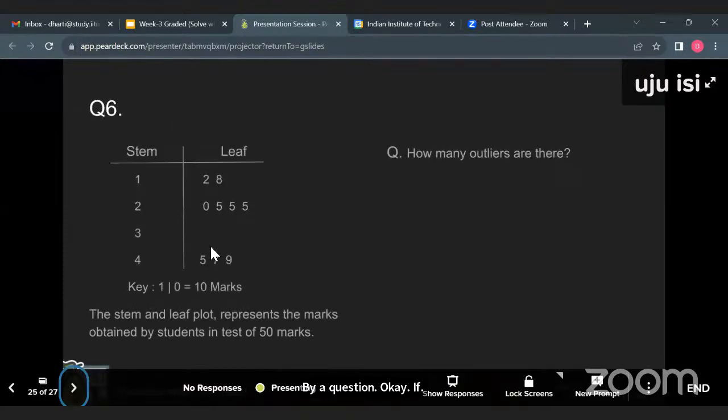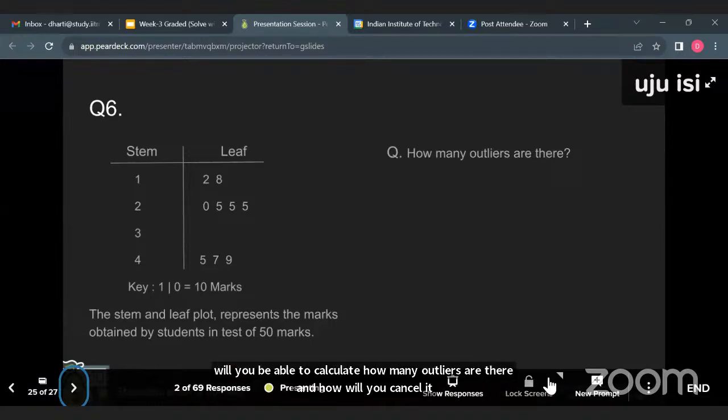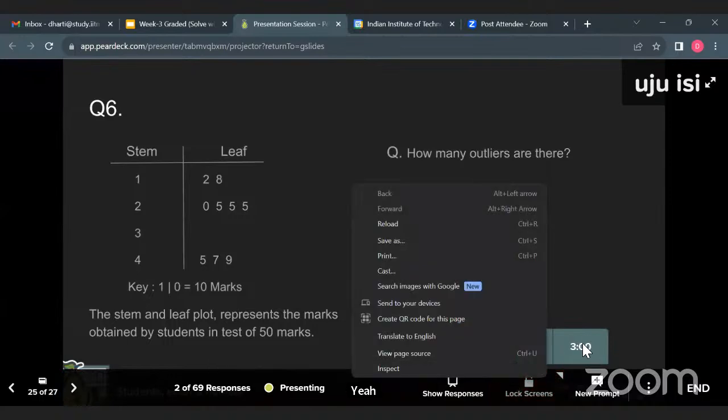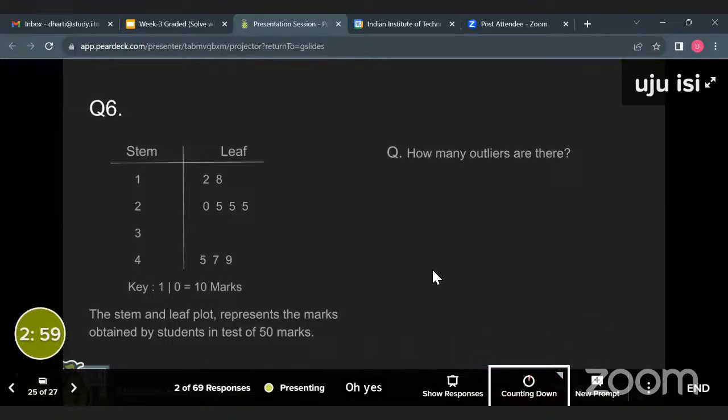Let's consider the same data points. We have a stem and leaf plot, and these are the marks of students calculated out of 50 marks. The question is, how many outliers are there? Will you be able to calculate how many outliers there are, and how will you calculate? Yes, ma'am. I will wait for 3 minutes.